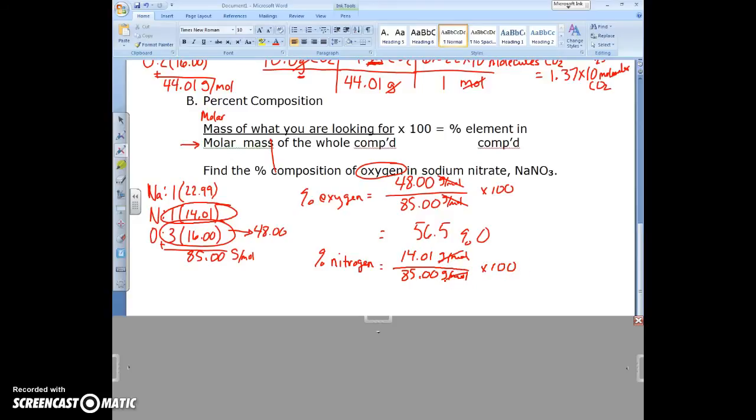And I'm going to end up with 14.01 divided by 85 times 100. And that gives me 16.5% nitrogen.